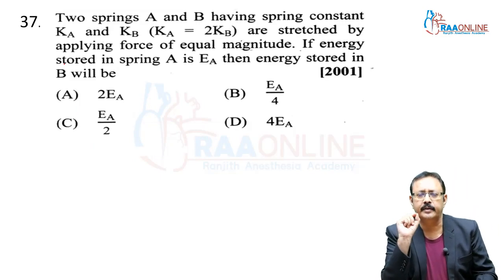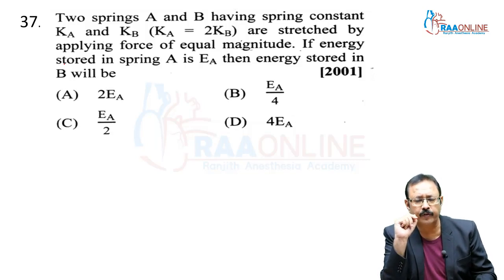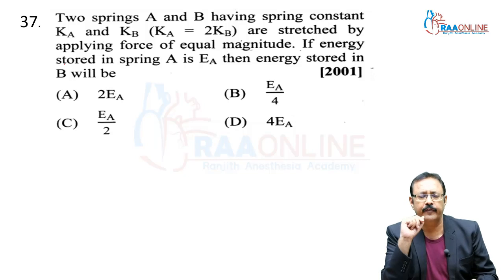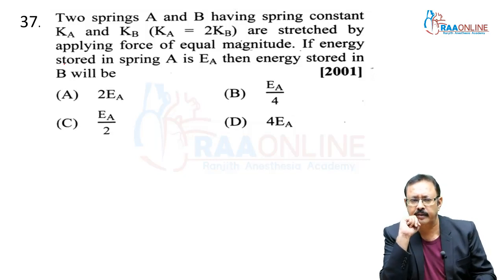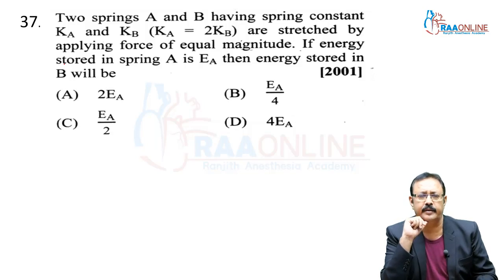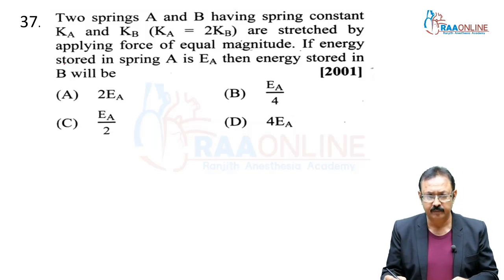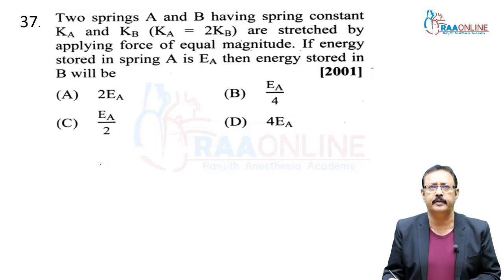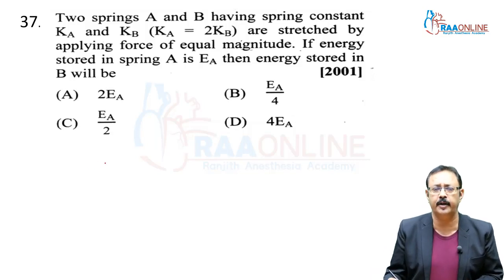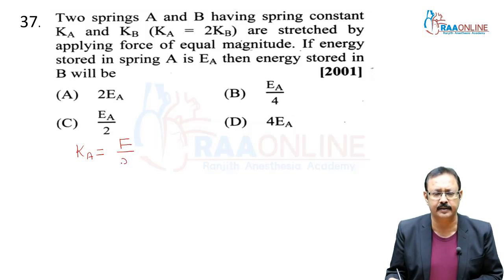Two springs A and B having spring constant Ka and Kb, Ka is equals to 2Kb, are stressed by applying force of equal magnitude. If energy stored in spring A is Ea, then energy stored in B will be. We know that force constant is F divided by x.